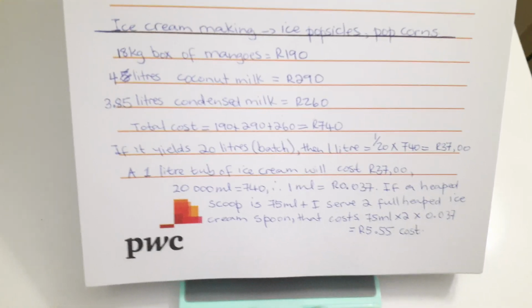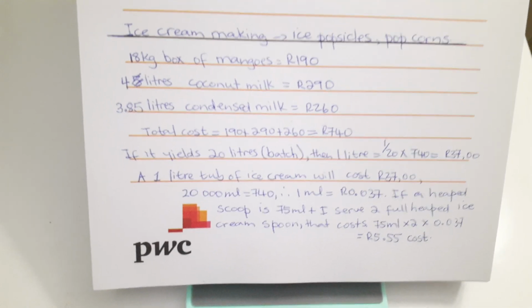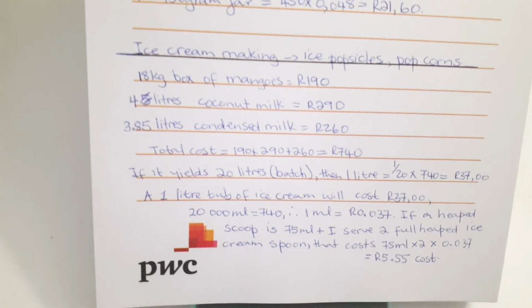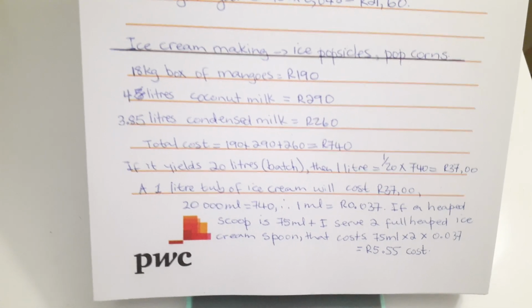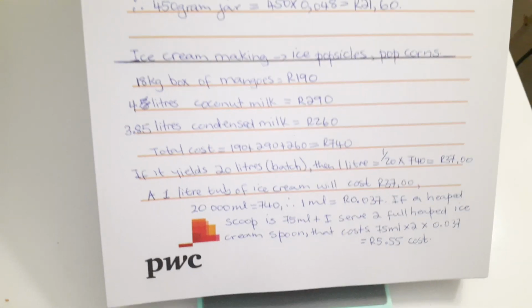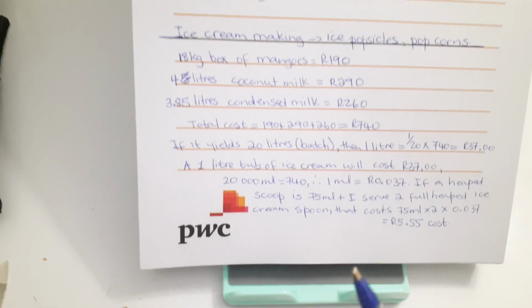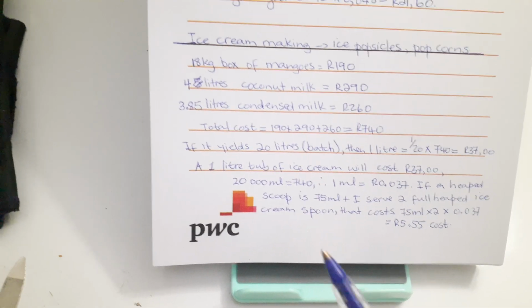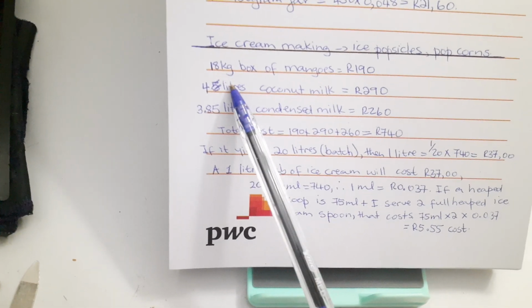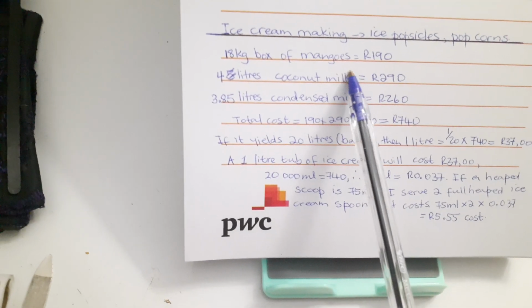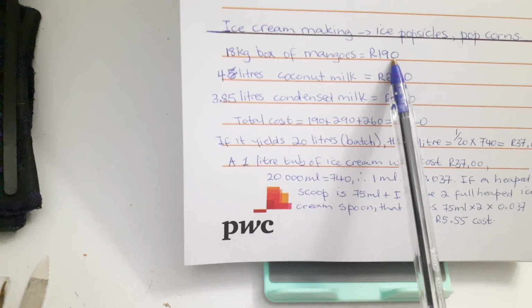We are concluding the calculations. We are doing ice cream, and the calculations can also be used for ice popsicles, popcorn and other snacks. For ice cream, we will need 1 box of 18 kgs of mangoes, which we assume will be 190 rands.